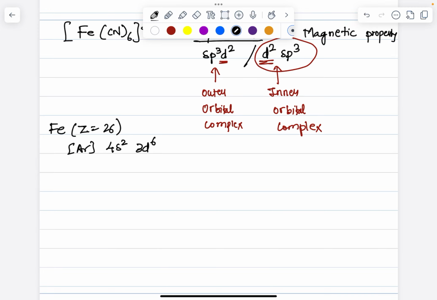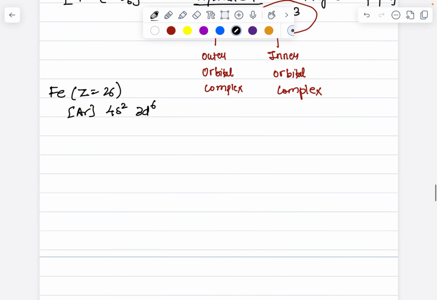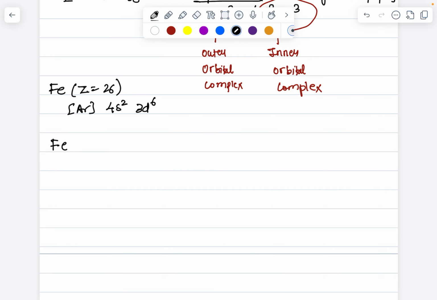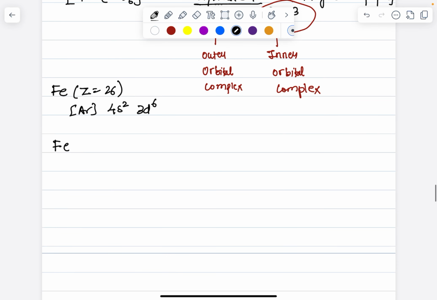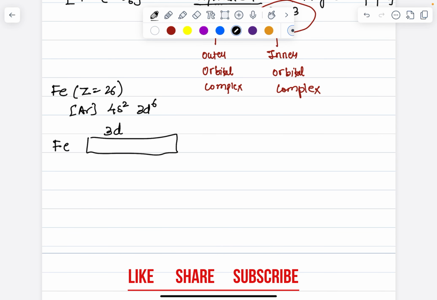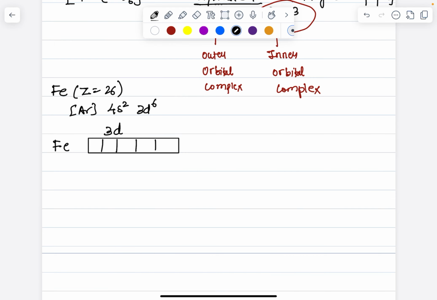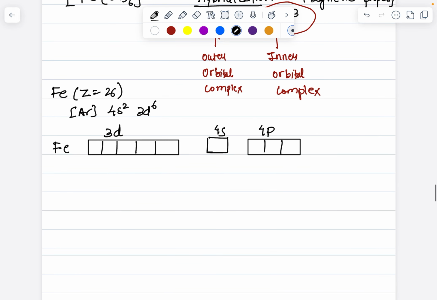So I'll write for Fe first: 3d with 5 orbitals, then 4s, then 4p, and 4d also if required.